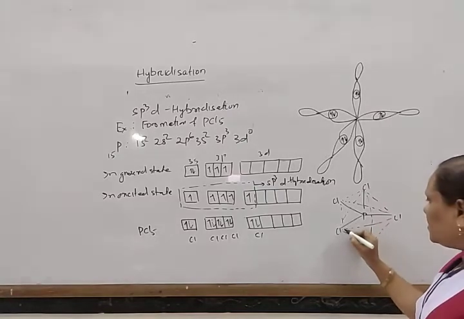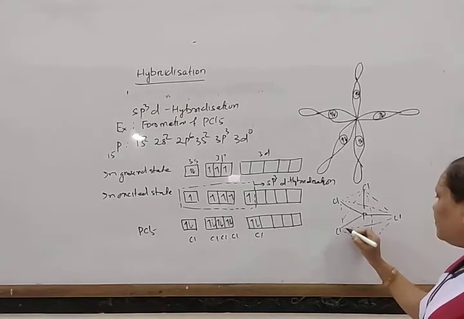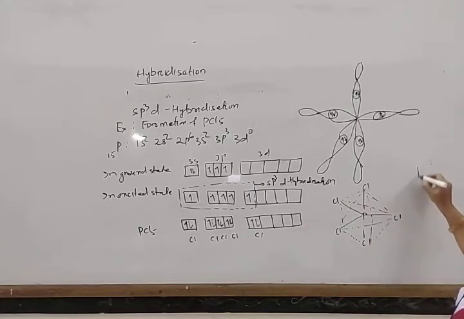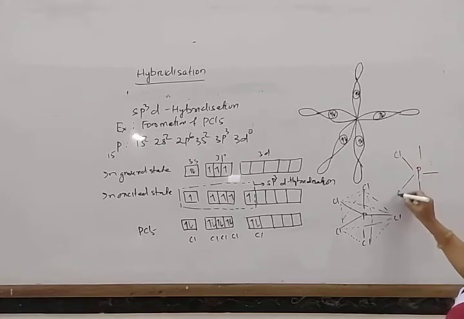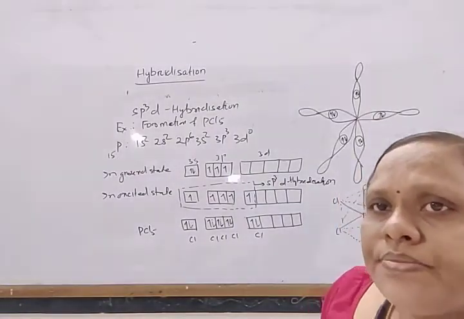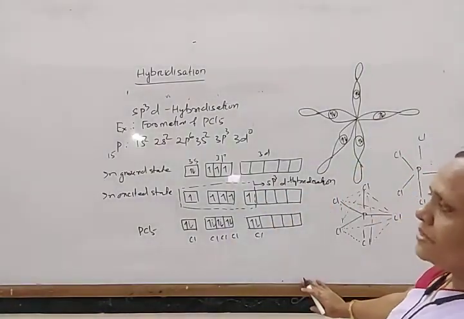First this is the triangular shape. So this is the structure, or simply P, Cl, Cl, Cl, Cl, and Cl. In this way the arrangement takes place.